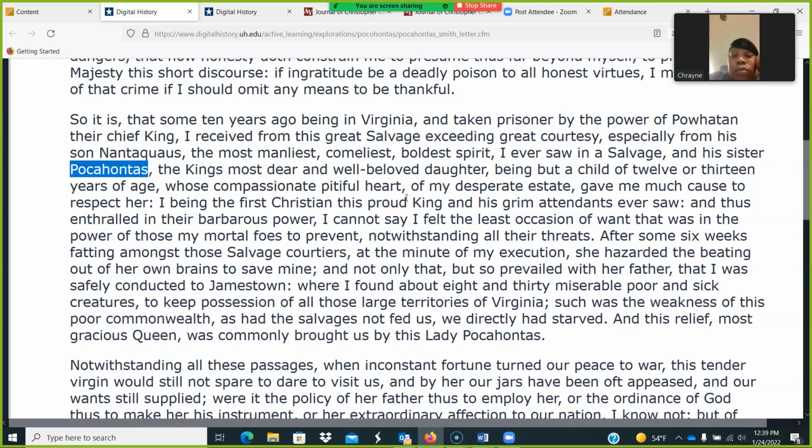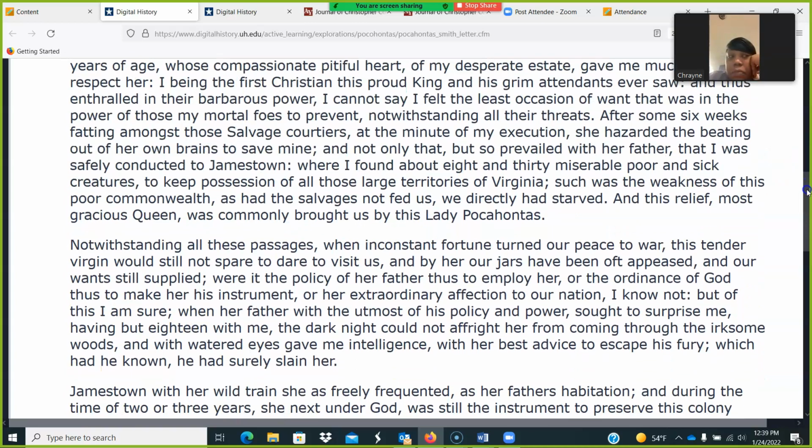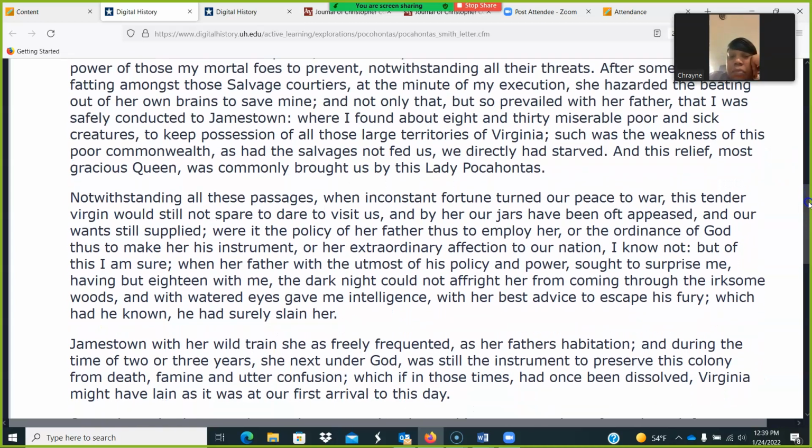Being but a child of 12 or 13 years of age, okay? And she ends up being imprisoned by her father for defending these explorers.